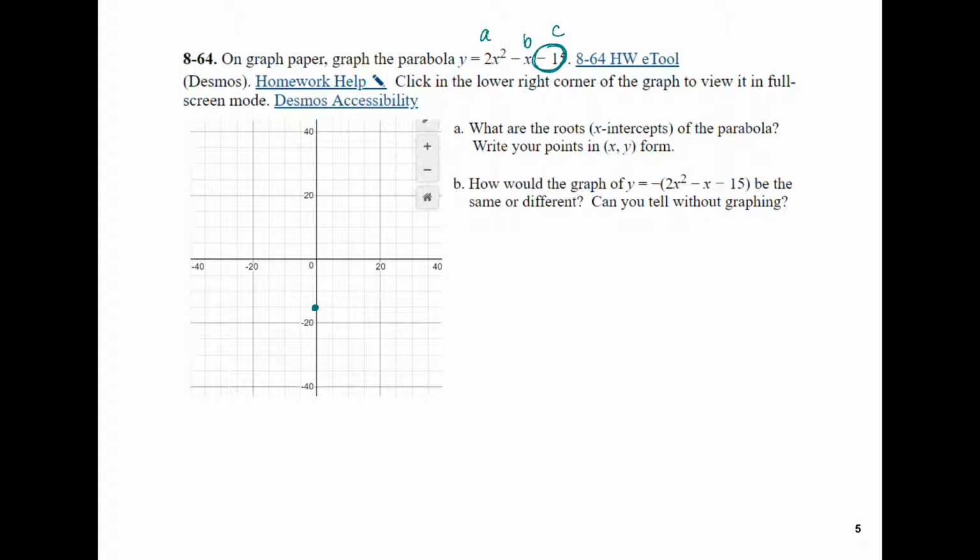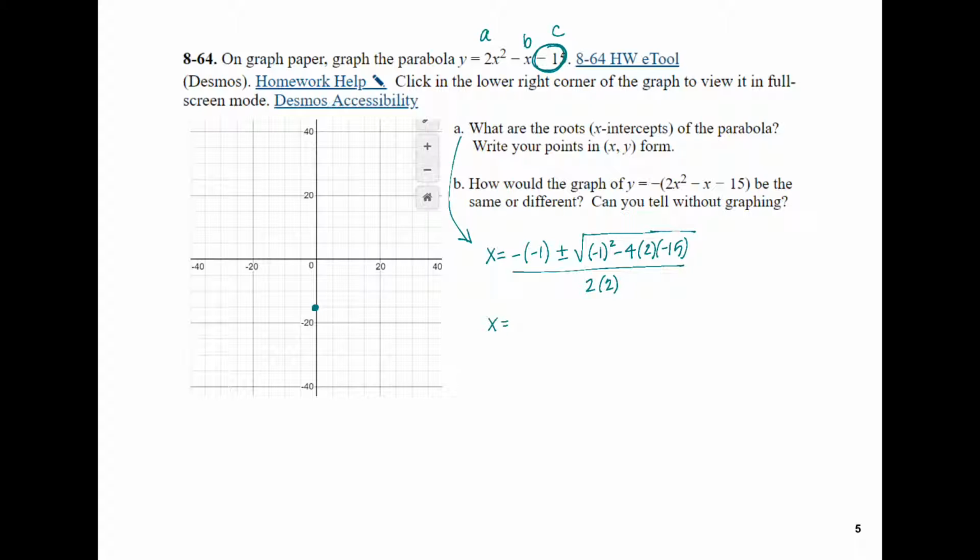If you list your A, your B, and your C, the quadratic formula is x equals negative b plus or minus the square root of b squared minus 4 times a times c, all over 2 times a.